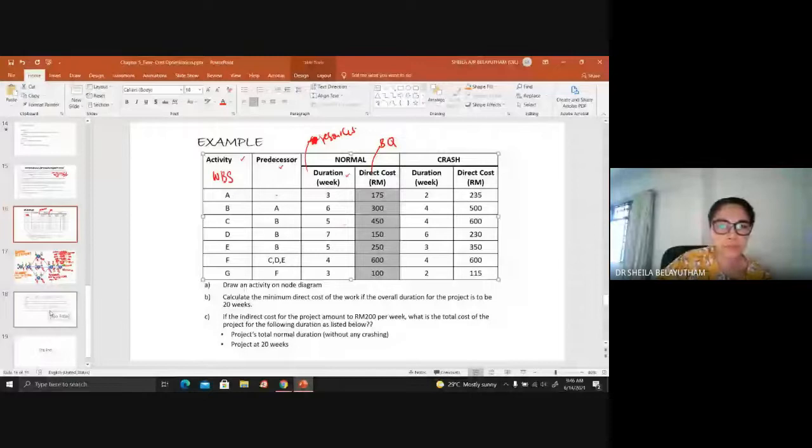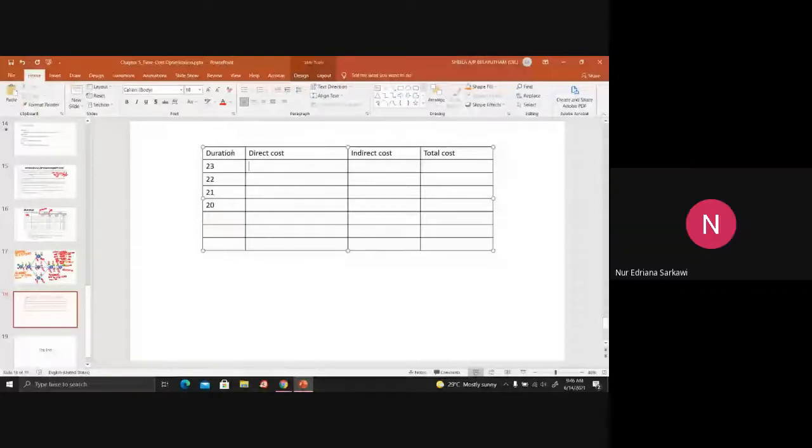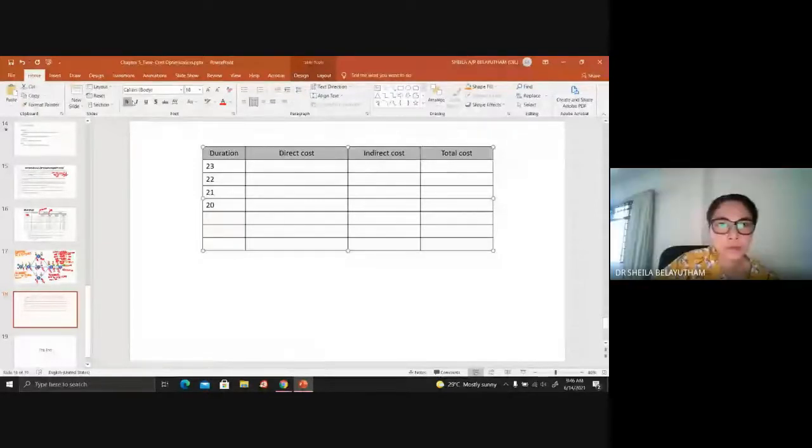How much is the direct cost for 23? 2025. Okay, so you should get for normal duration 2025.